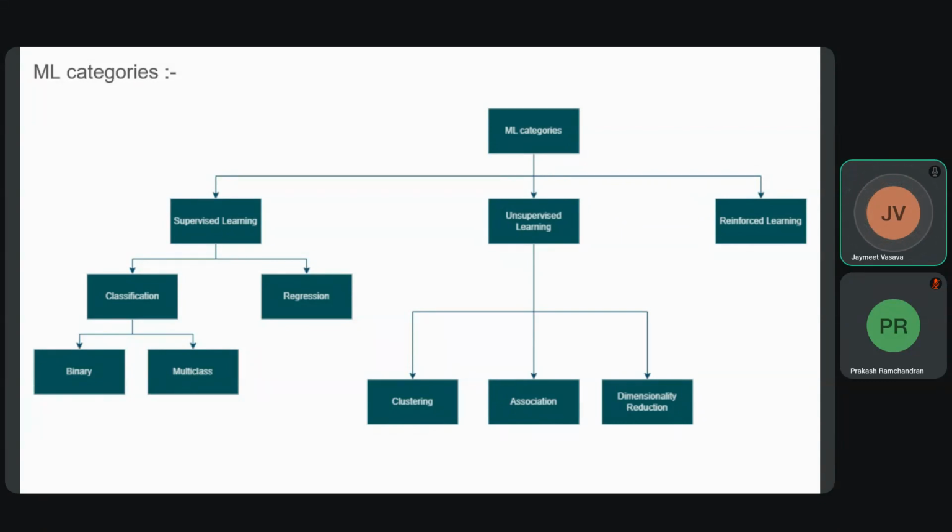Then regression is for continuous values, to predict a house price based on the area, the gradient of the house, and so on. Then for unsupervised learning, we have clustering, association, and dimensionality reduction.